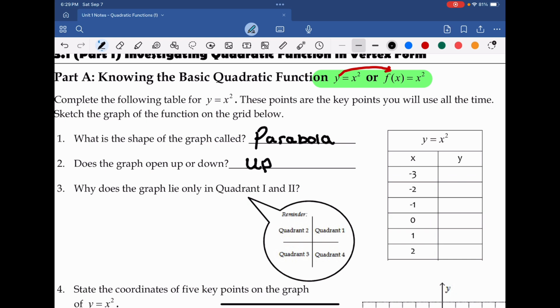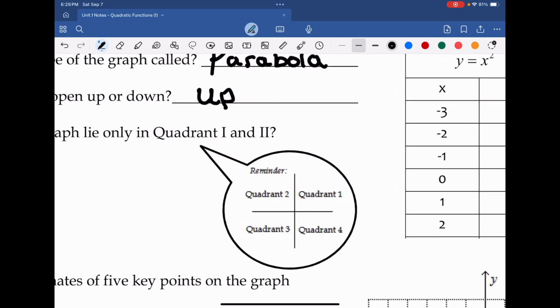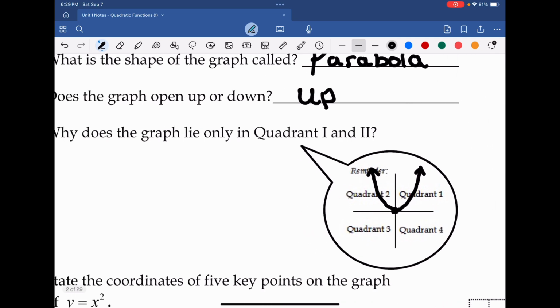Why does the graph only lie in quadrant 1 and 2? Well, it's because it starts at the origin, and then it works its way up. So if you wanted to in your notes, I would just draw a little point at the origin here, and then have the arm going into quadrant 1 and the arm going into quadrant 2. So it opens upwards. Its lowest point is going to be this origin point, or (0, 0).